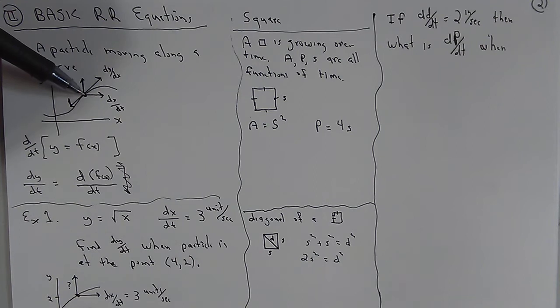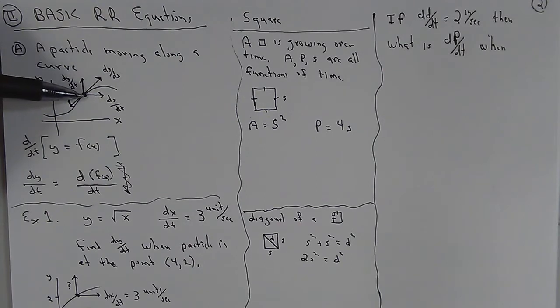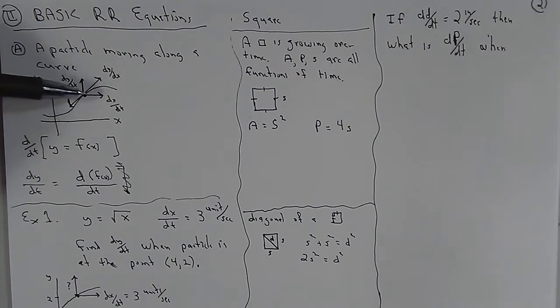But as this particle moves along the line, it's moving in the y direction as well as in the x direction. Right? These two directions are called the components of the particle's change in position. Okay? So you guys taking physics, you know these as the velocity in the y direction and the velocity in the x direction.